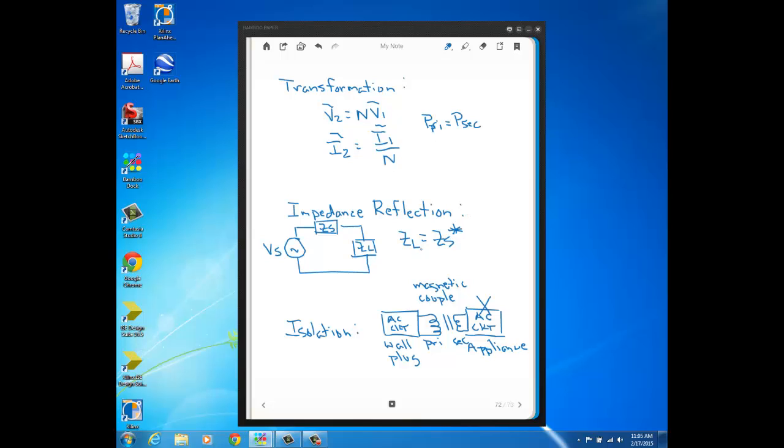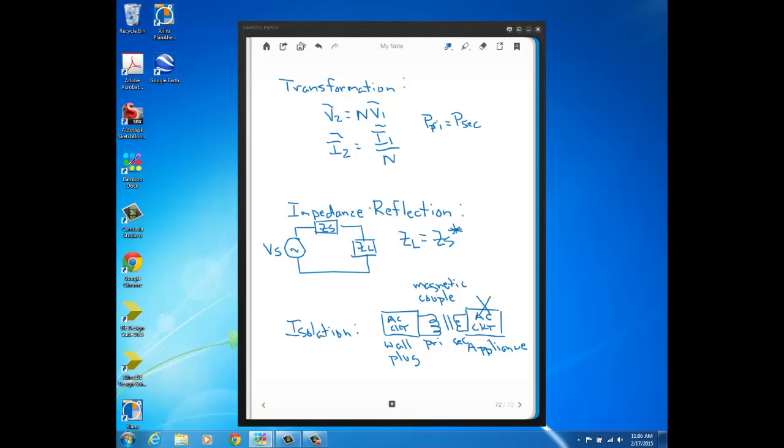Well, sometimes due to design constraints, it's not possible to directly get the load impedance to be the complex conjugate of this impedance here. But what you'll see, and there's a whole video where we're going to discuss this, is that a transformer has this property of impedance reflection where I can use a transformer in between these two impedances and get a match between the load impedance and the source impedance where I otherwise would not be able to.